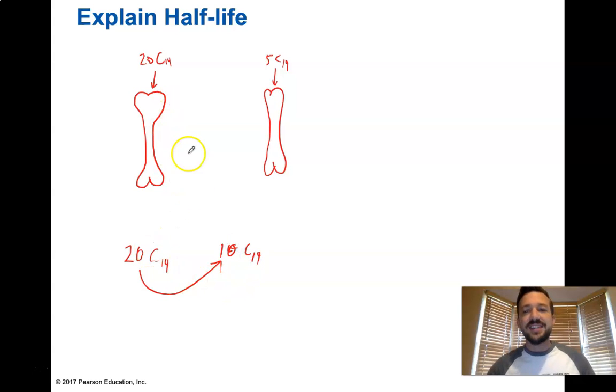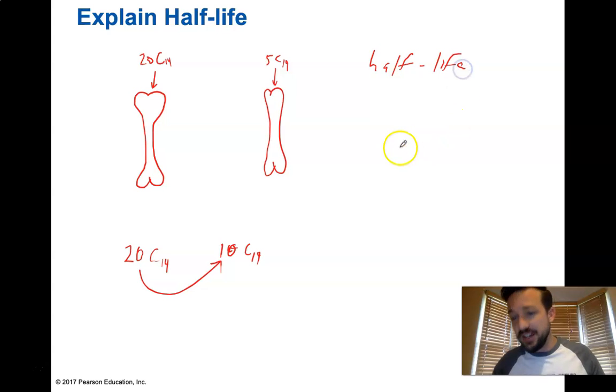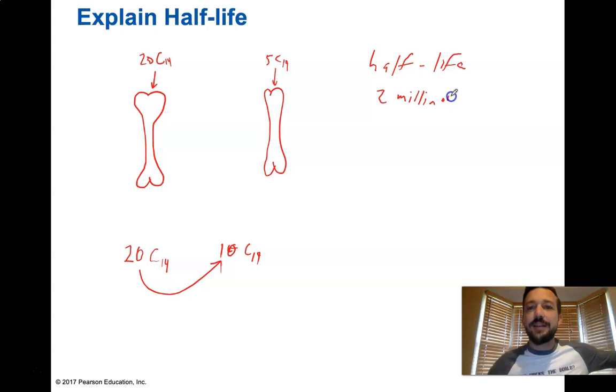Now, I don't know the half-life of carbon-14 off the top of my head, and these half-lives will be given to you. All the different isotopes have different half-lives. Some could take milliseconds, some could take several billion years. So let's say this one has a half-life of 2 million years.